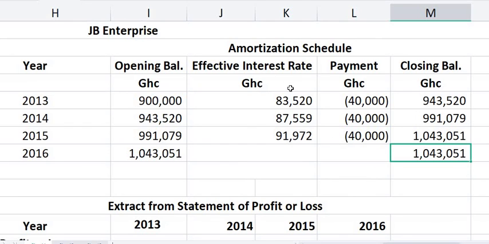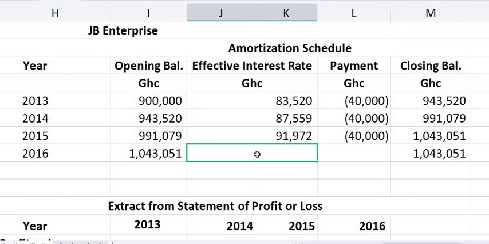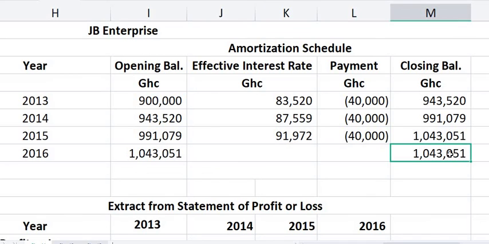Due to its approximations, we may not have a specific figure. So what we need to do is to find the total payment and find the difference between the total payment and the opening balance. Then that gives us the effective interest rate, and automatically here is going to be a zero figure, right?